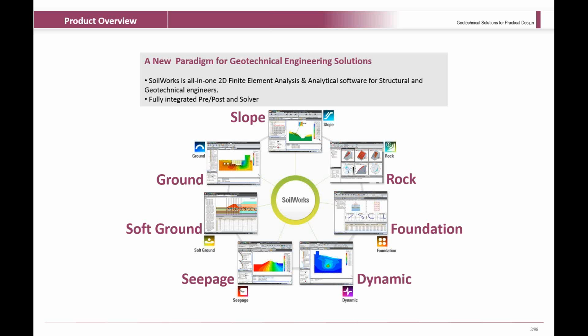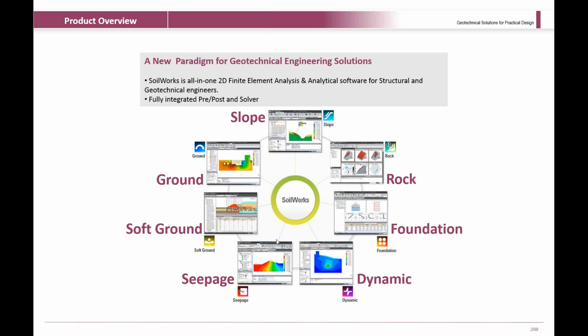Then you have rock. Rock is basically where you can perform the stereographic analysis and 3D slope stability analysis, considering various material models which could be used to simulate the rock behavior. Then you have soft ground, where you can perform the consolidation analysis, both analytical as well as finite element analysis.